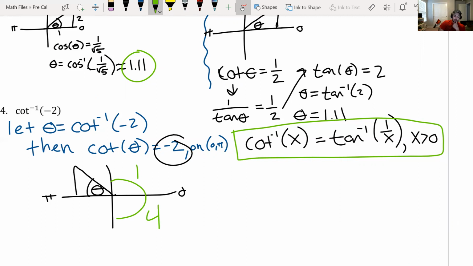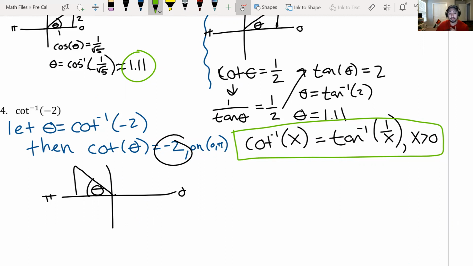So we need to figure out, how do we get this theta back into quadrant 4? The only reason I say it needs to go in quadrant 4 is because in quadrant 4, cotangent's negative and tangent is negative. Here's what we have to think about: periodic properties of our trig functions. Tangent repeats itself every pi.